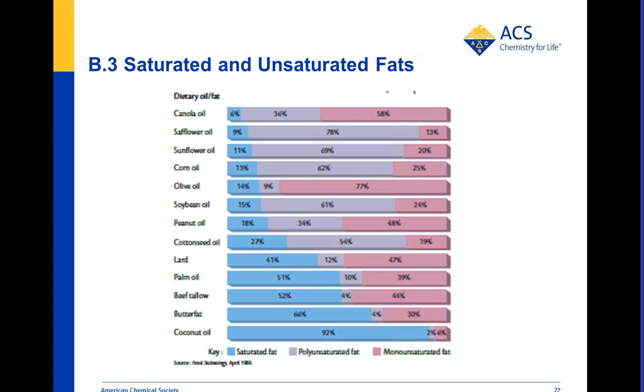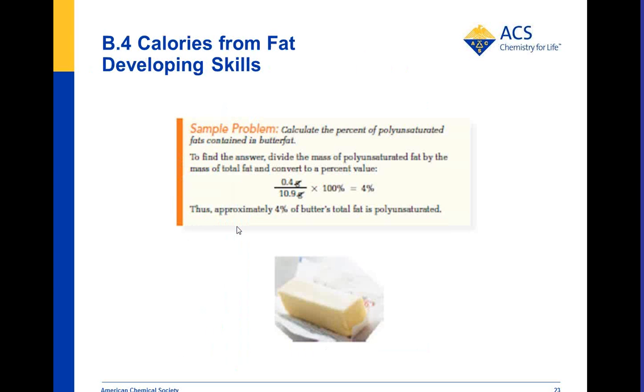Next slide. While all fat molecules contain that glycerol backbone, fatty acids may differ significantly among fat molecules. They can be of different lengths and have a variety of degrees of saturation. So this schematic is showing the percent of saturated fat, the percent of polyunsaturated fat, and monounsaturated fat, which will lead us to the developing skills.